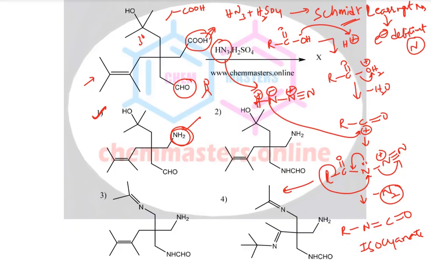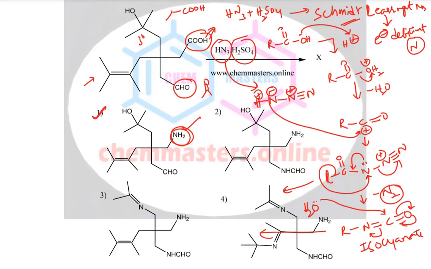Isocyanate. Now, in the acidic reaction conditions, a water molecule acts as a nucleophile and attacks this carbon. The bond electrons first move onto oxygen because it is more electronegative. Then, further rearranging the electrons, nitrogen gets electrons here.